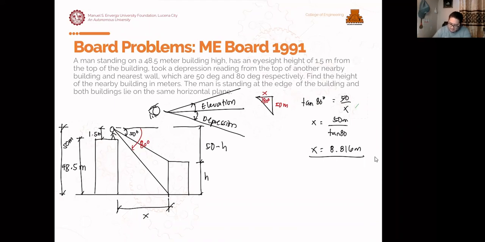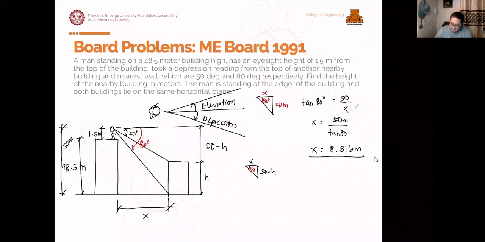And then we can now consider tong triangle na to with height nito is 50 minus h, and then tong side na to is the same as x. So yung triangle na kasunod, this will be 50 minus h, which is yung unknown natin. Then ito yung x, which is the calculated value lang natin. And then this is equivalent to 50.